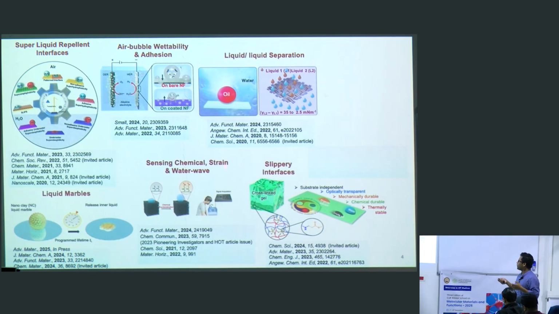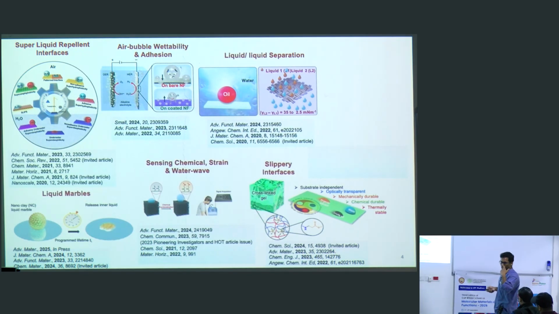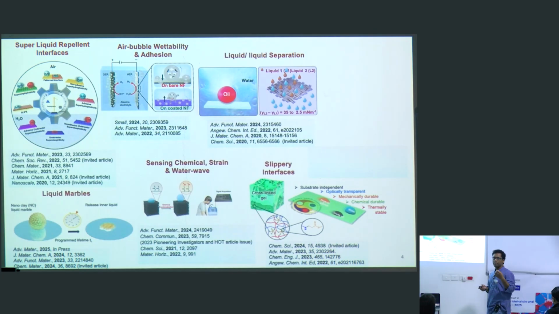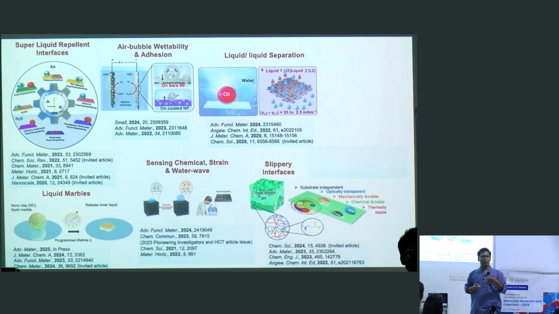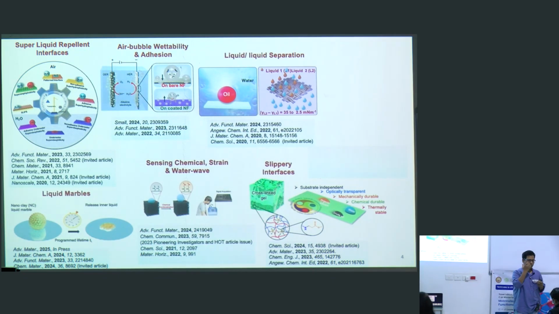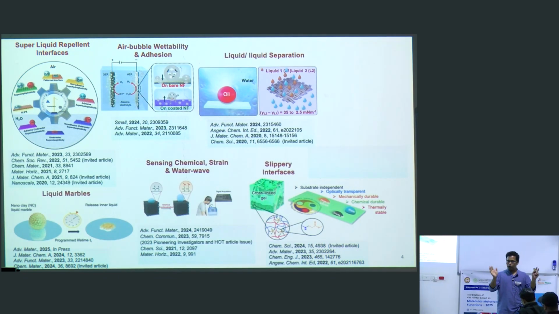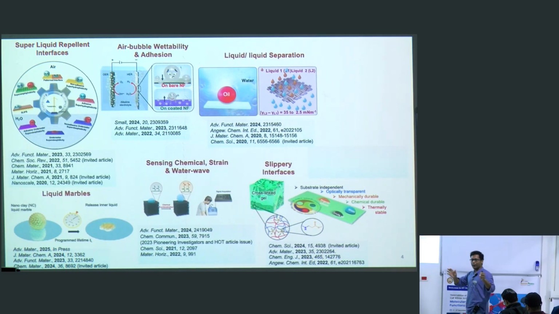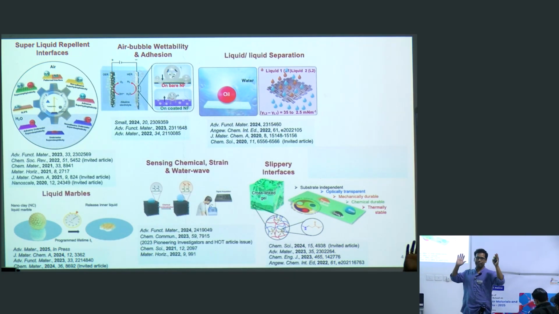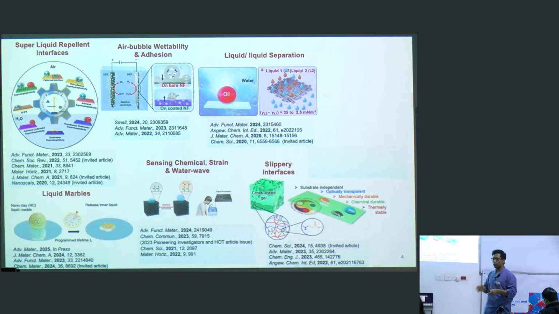Now, another interesting topic is slippery interfaces. When I started with liquid wettability, I said homogeneous liquid wettability, and people often think that homogeneous liquid wettability is not good. It's just heterogeneous liquid wettability that is good for many functional uses, but that's not true.